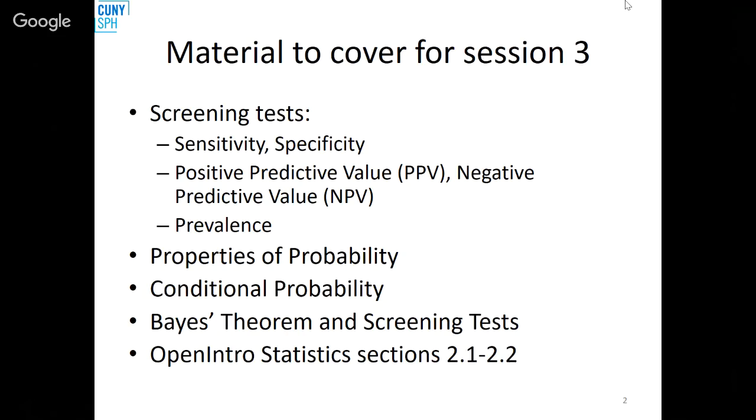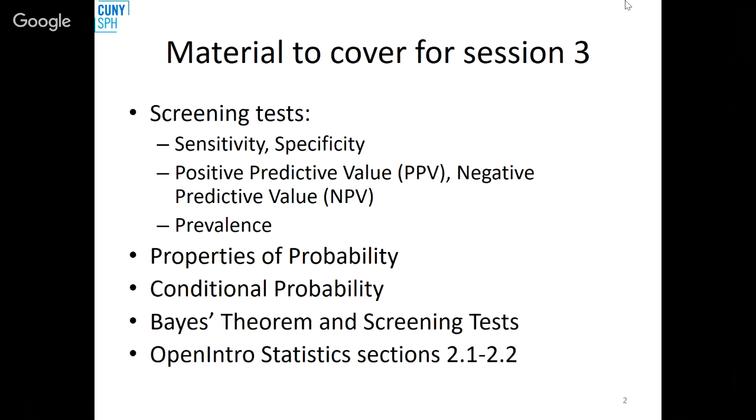But it's also important for any professional in public health just to be able to understand when you read news reports and articles about the effectiveness of screening tests, and also as patients ourselves.